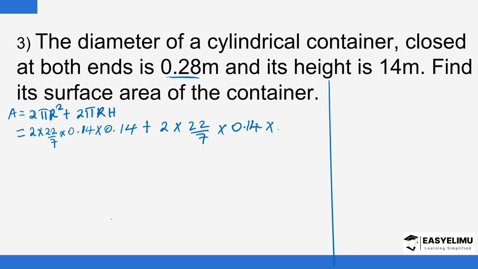Now the height is given as 14. So 7 here, 7 there, 0.02. 7 here, 7 there, 0.02.